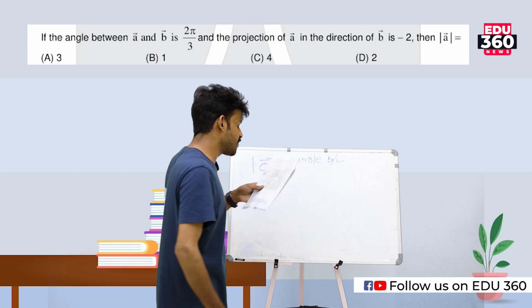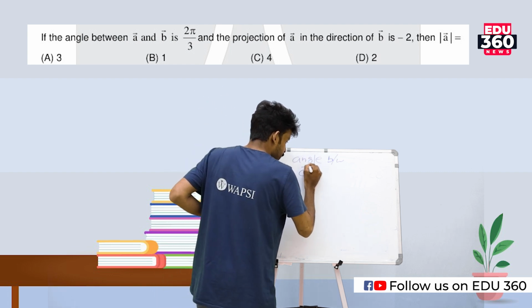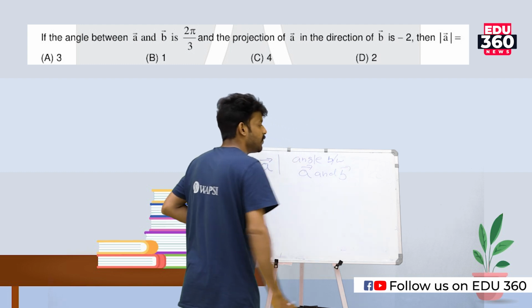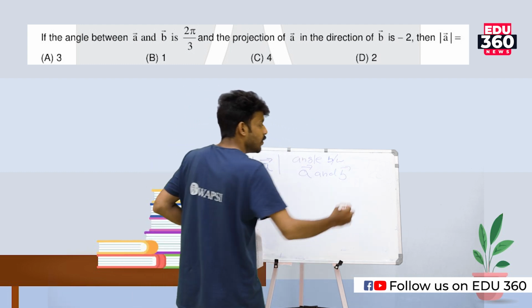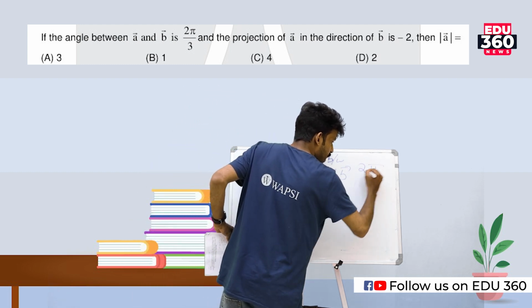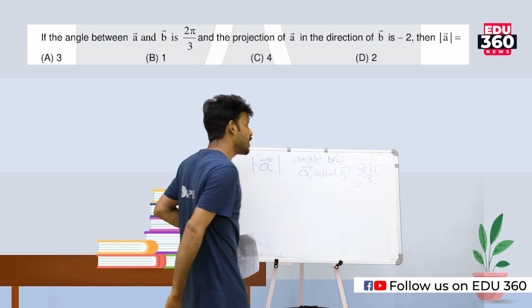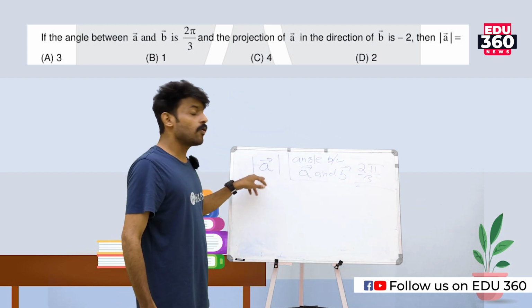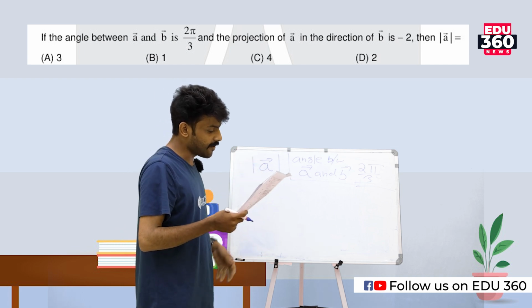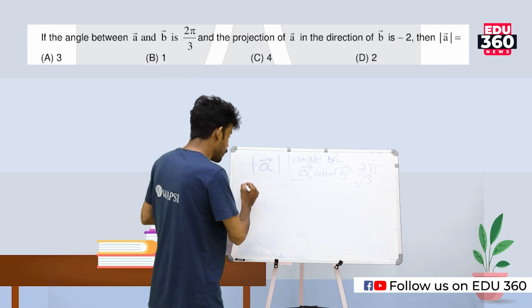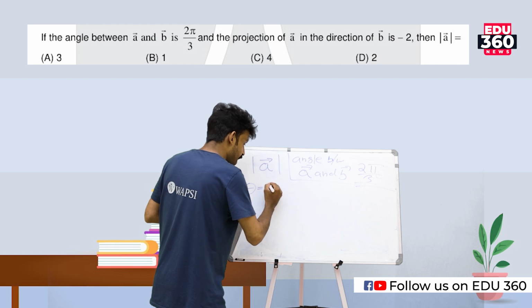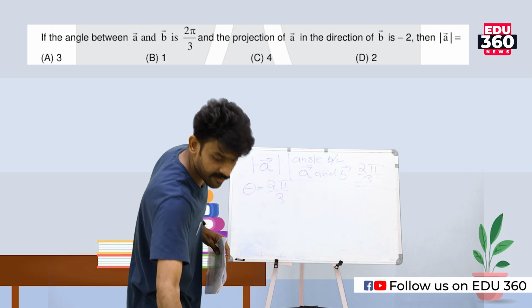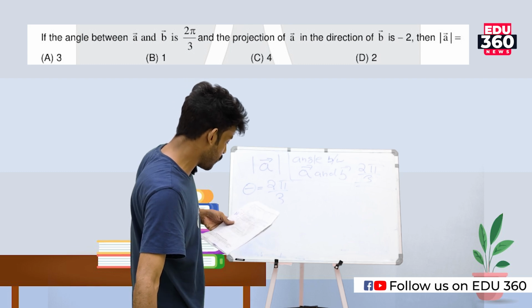In the next step, we can write theta is equal to 2 pi by 3, where theta means the angle.